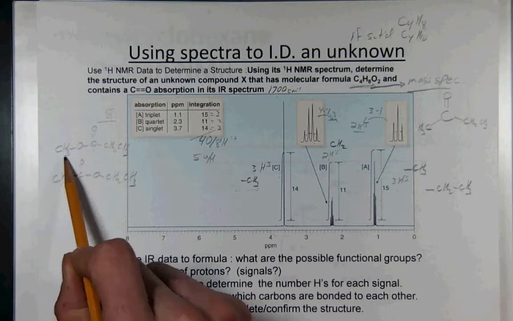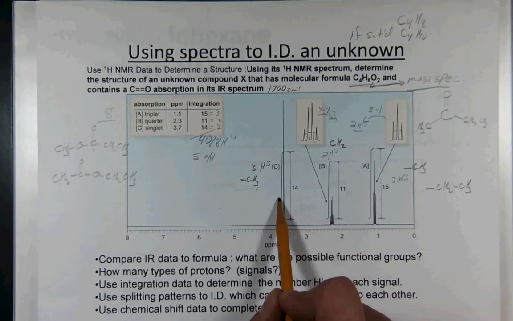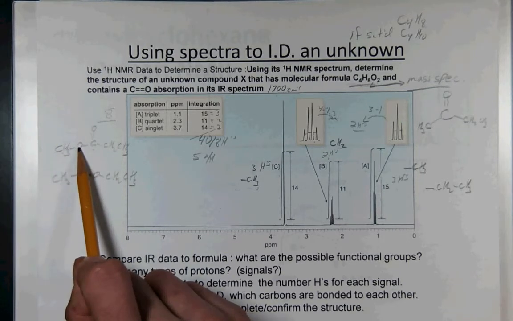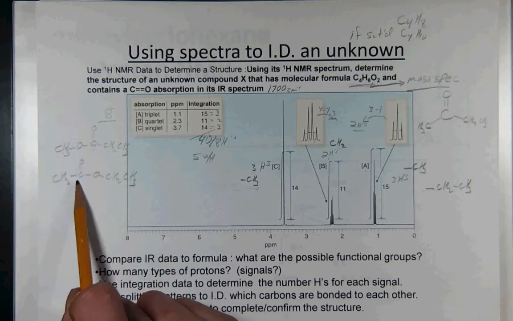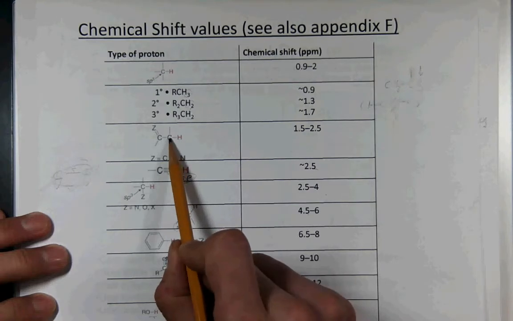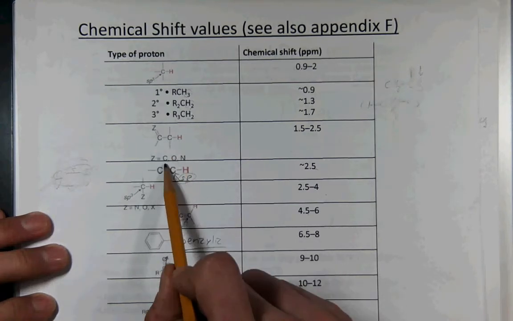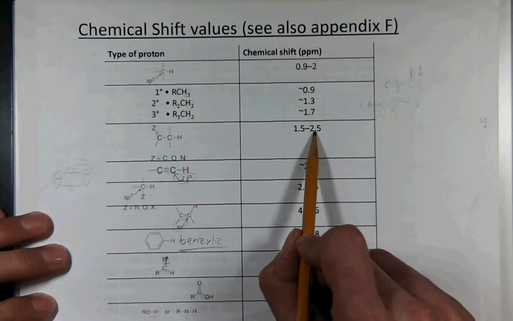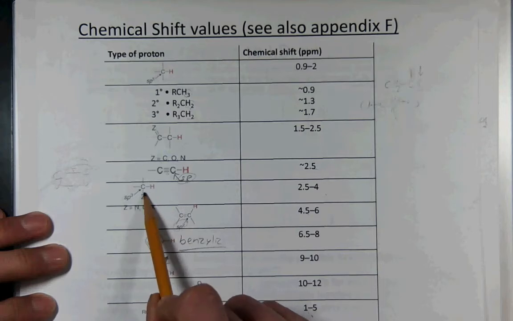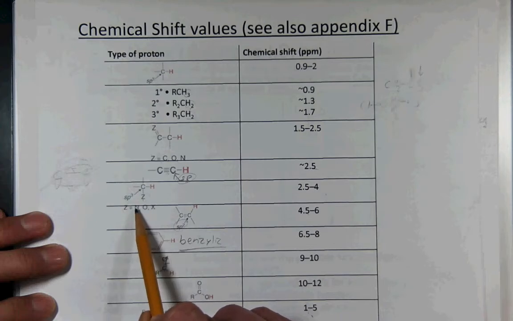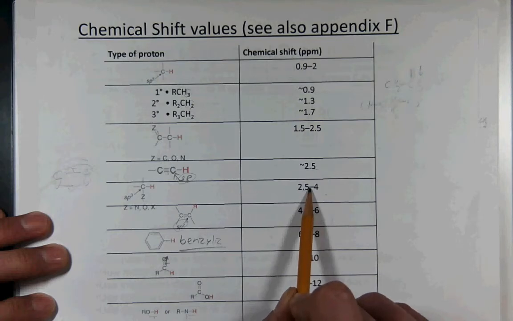The way we're going to be able to distinguish between these two possibilities is that these three hydrogens give us a singlet. But what we need to know is, is this carbon bonded to the oxygen here, or is it bonded to the carbonyl? When you have a hydrogen on a carbon that's bonded to a carbonyl, as this would be, it's 1.5 to 2.5. If it is bonded to a carbon that's directly attached to an electronegative atom, such as nitrogen or oxygen in this case, it's shifted further downfield.